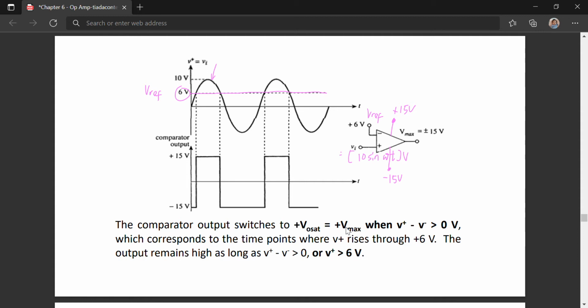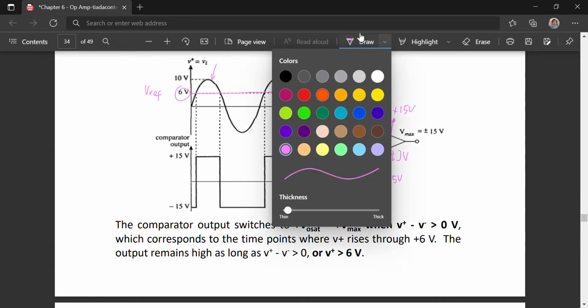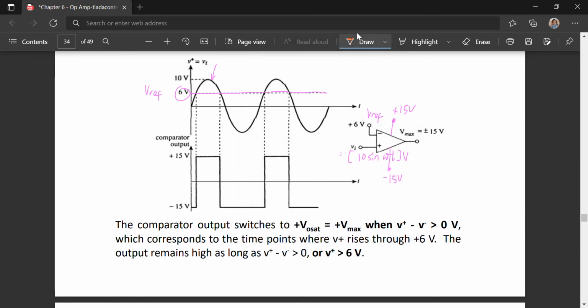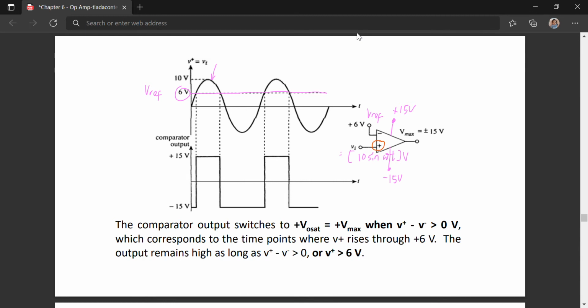Okay, so here you see the input is connected to the positive part of the op-amp. Therefore, if the input is greater than Vref, the output will be positive. Vin greater than Vref will be positive because Vin is connected to V plus of the op-amp.